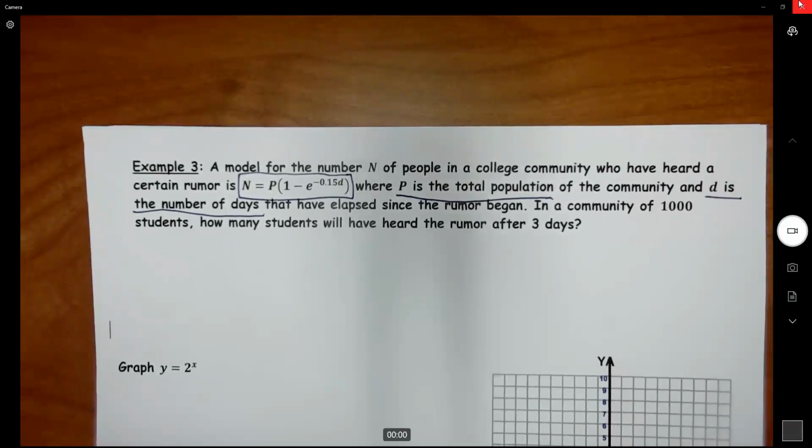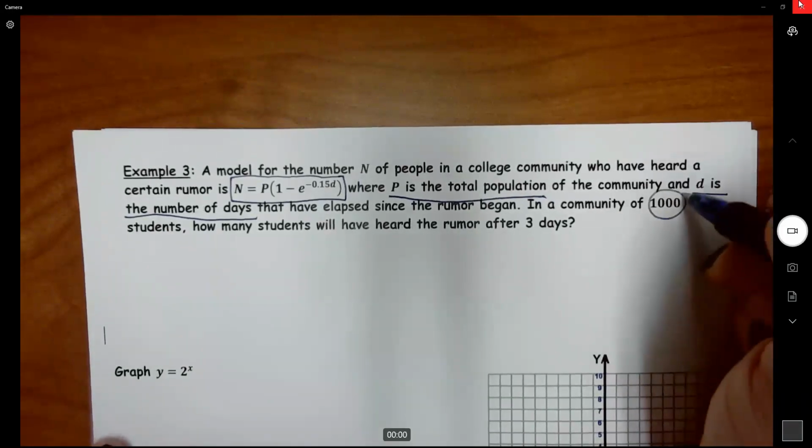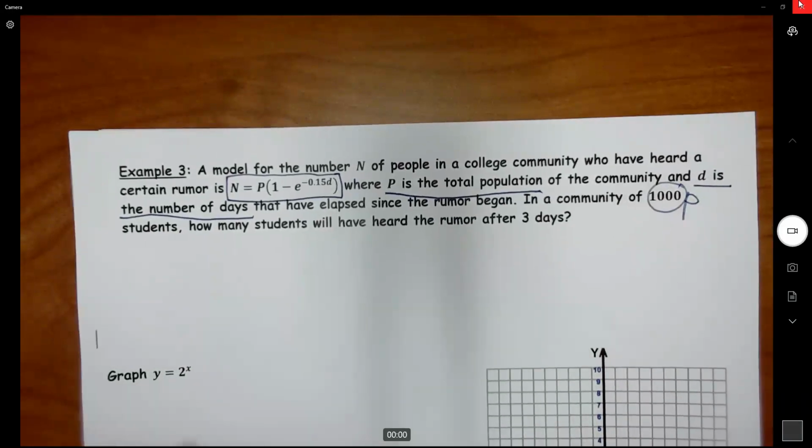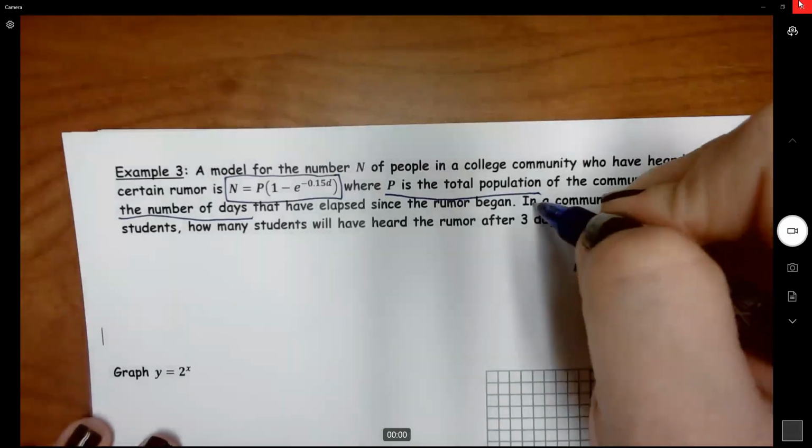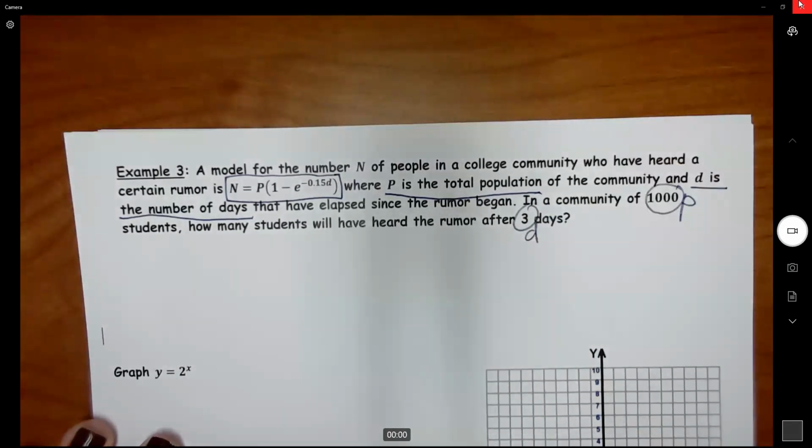In a community of 1,000 students, so that's my p, how many students will have heard a rumor after 3 days, which is my d?